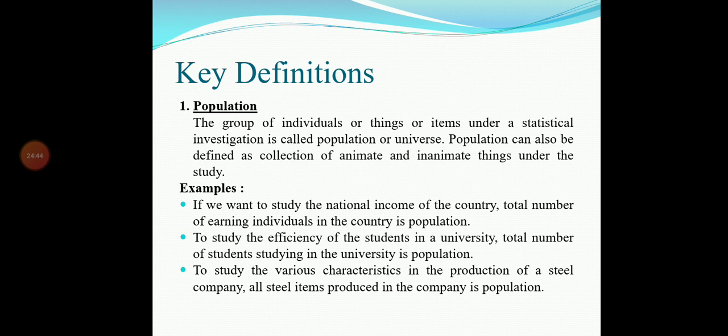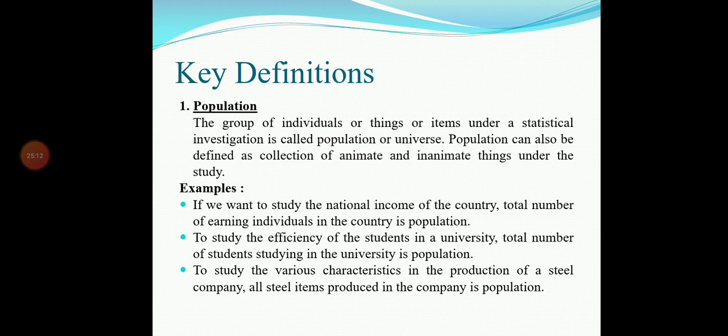Now we learn some of the key definitions which will be used in sampling techniques. Population. First one, population. We have already learned that the group of individuals or things or items under statistical investigation is called population, also known as universe.